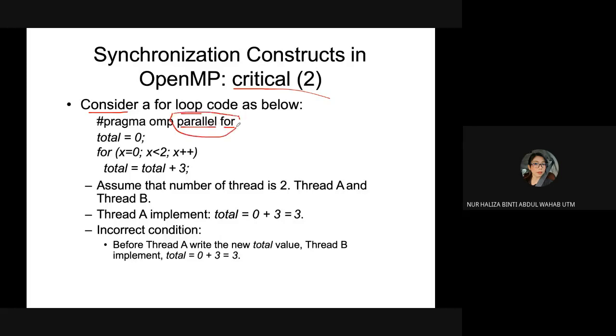You have total equal to 0, then for x equal to 0, x less than 3, x plus plus, so total will be total plus 3. You're going to calculate it 1, 2, 3, three times looping.